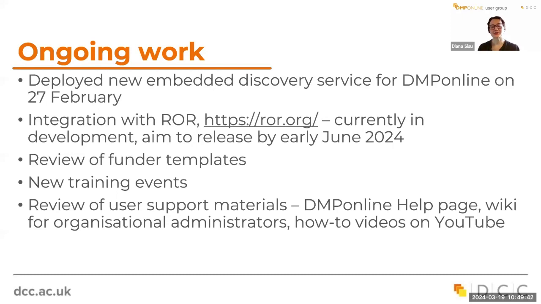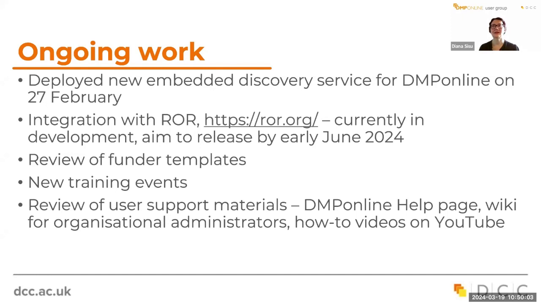Wiki for organizational administrators. We're at the moment debating whether to move this onto the DMPonline help page or onto the DCC help pages. At the moment they are on a GitHub wiki, but we will have to move them to a more intuitive place.